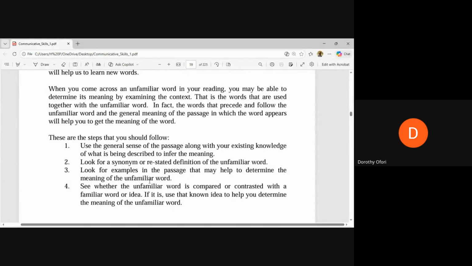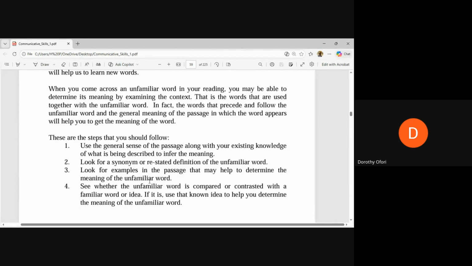So I have being around at the time of the meeting, and also a gift for someone. These are the existing knowledge I have, but I have to compare it to the passage. I have two meanings, but the existing knowledge is in my head. I will compare it with the text and the whole sentence to see whether they are the same or not. That is the first step you have to follow.